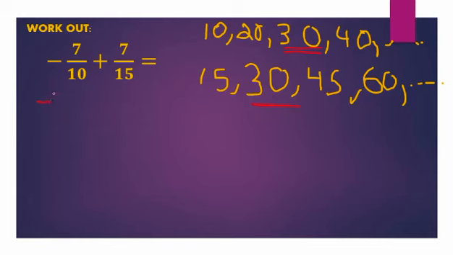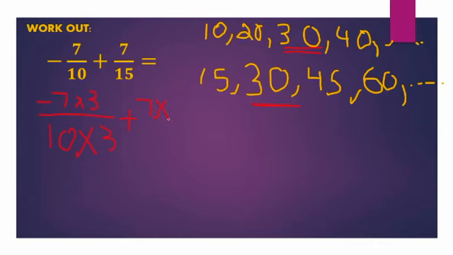So negative 7 times 3 over 10 times 3, plus, for the second fraction 7, we have to multiply the numerator and denominator by 2 to change 15 into 30.